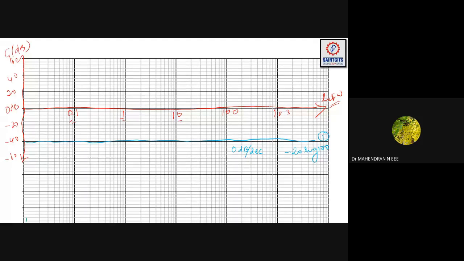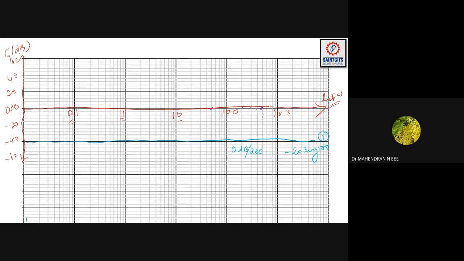So here, where is 50? This is 10, and 20, 30, 40, and 50 here. This is 50. Another corner frequency: 50 multiplied by 10 will be 500, so 200, 300, 400, and 500. And 500 multiplied by 10 will be 5000, so this is 1000, 2000, 3000, 4000, and 5000. Is it clear?